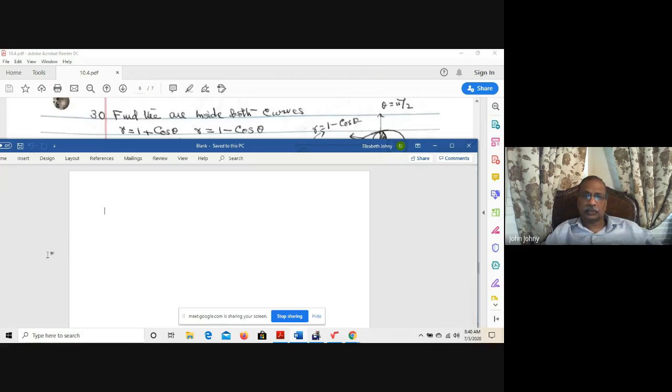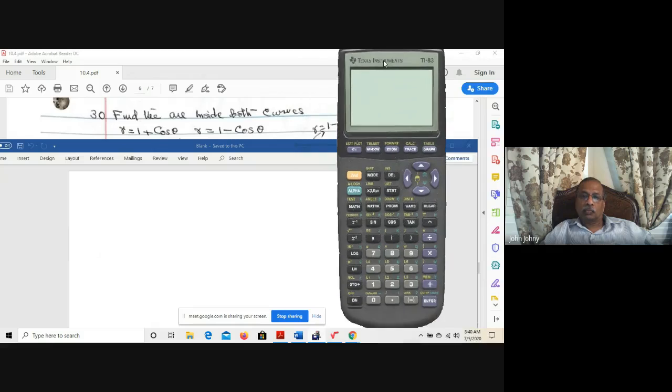Let us draw the curves. The first one is r equals 1 plus cos theta. Let us see how it looks.